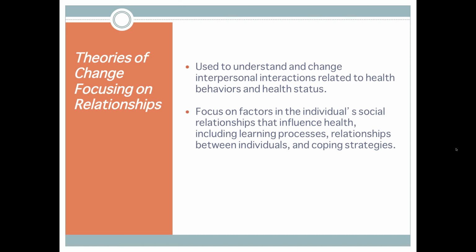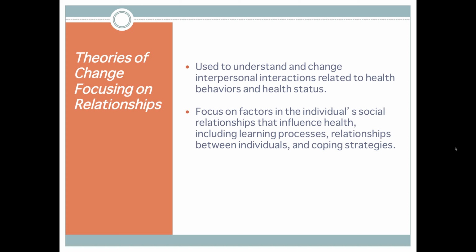There's a question about, for the individual level models, is one used more, or has it been shown that one is more effective for change? And it really depends on the particular health behavior that you're interested in.